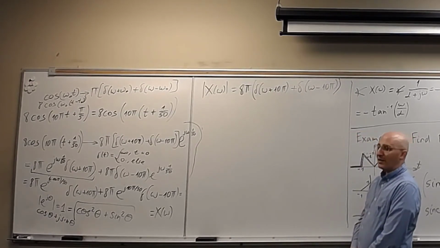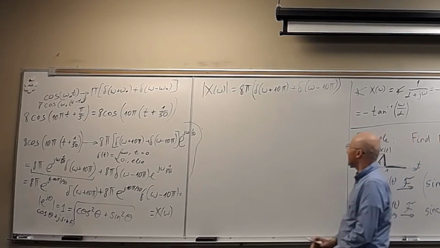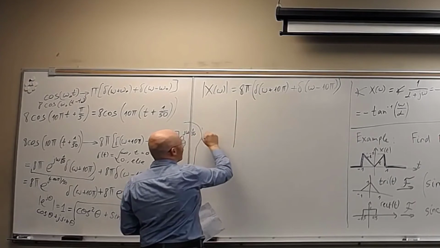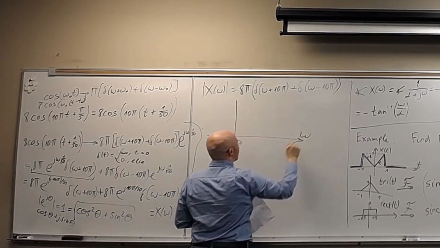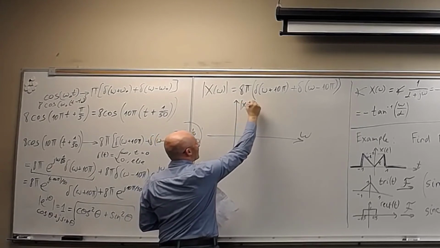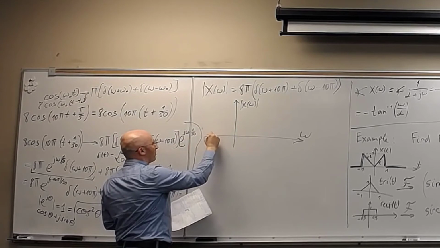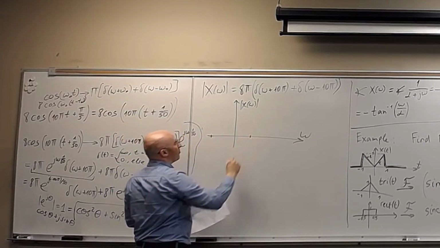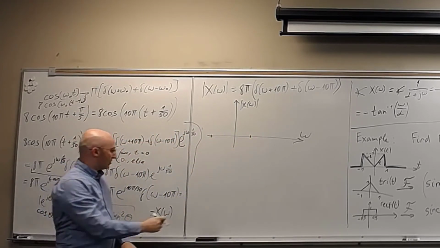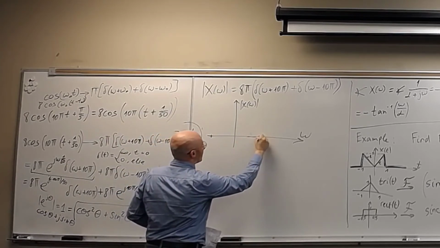Now, how do we plot delta? Straight up. Some arrow which is going up, right? This is omega, just be spikes. This is x of omega. So one point will be here, one point will be here. What are those points? This should be symmetrical, plus or minus 10 pi.